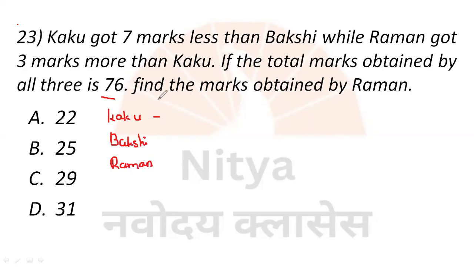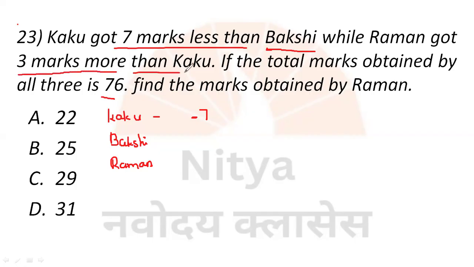See here, what they have given. Kaku got 7 marks less than Bakshi. Raman got 3 marks more than Kaku. It means they have not given Bakshi's marks. Understand the question.